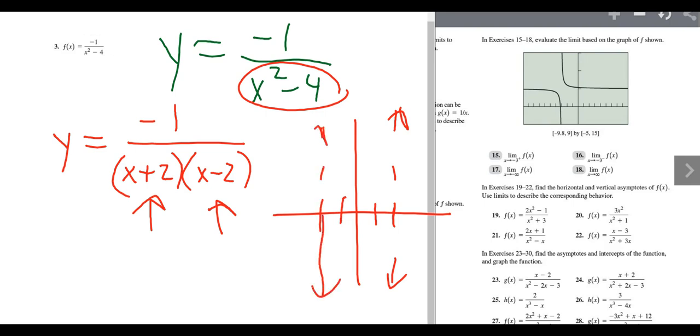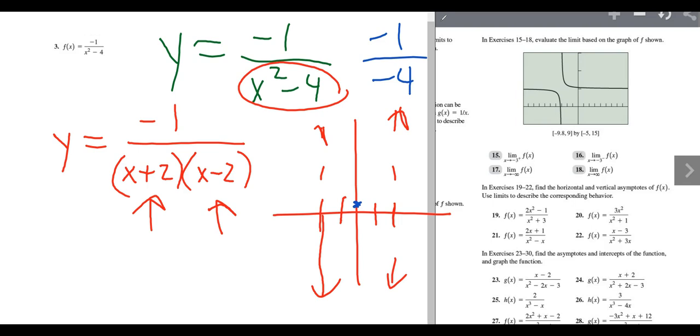Now, what you're going to have to do is plug in numbers to see what happens on the left side, on the right side, but what's going on in the middle is probably more interesting. So pick 0, plug it in. What do you get when you plug in a 0? Negative 1 over negative 4. What do you get? 1/4. That means this part in the middle.